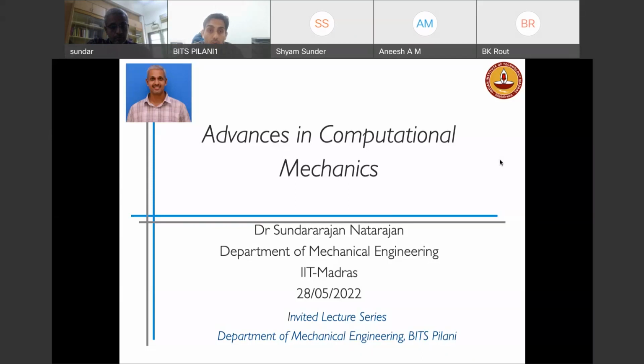He was a postdoctoral researcher at the Indian Institute of Science, Bangalore between 2011 and 2012, and a university postdoctoral fellow at the University of New South Wales, Sydney, Australia between 2012 and 2014. He joined the Department of Mechanical Engineering, IIT Madras in 2014, and is now an associate professor there.